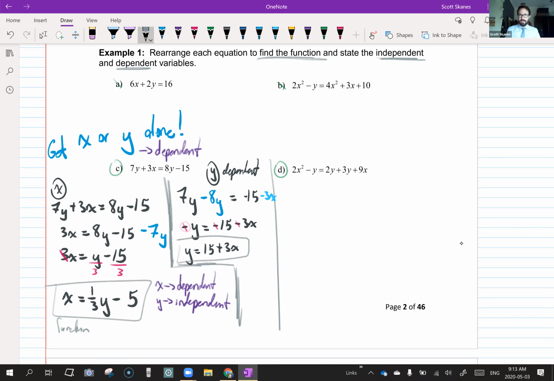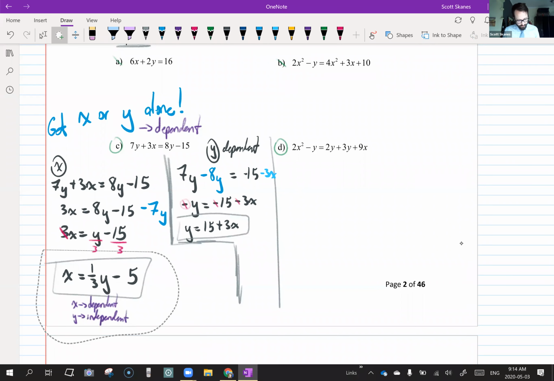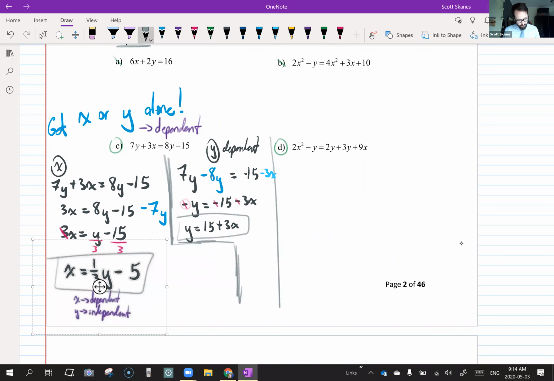So I ran out of space a little bit here, but I'm just going to rearrange. Tell me in the chat, say X, and then type dependent, DEP, or independent, okay? I want you to tell me which one's which. Just got to do a little bit of moving around. So Abdul, you're saying X is independent, Y is dependent.